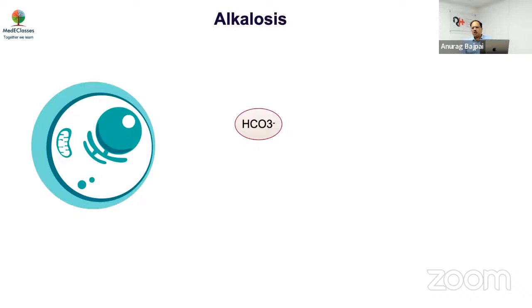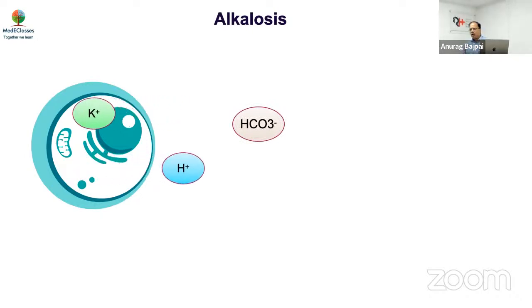Now, I've already mentioned that alkalosis is a major trigger of potassium excretion. We discussed that hypokalemia increases ammonium production, causing proton loss, causing alkalosis. That was one arm. But alkalosis itself will cause hypokalemia. So when you have alkalosis, basically your bicarb becomes more.